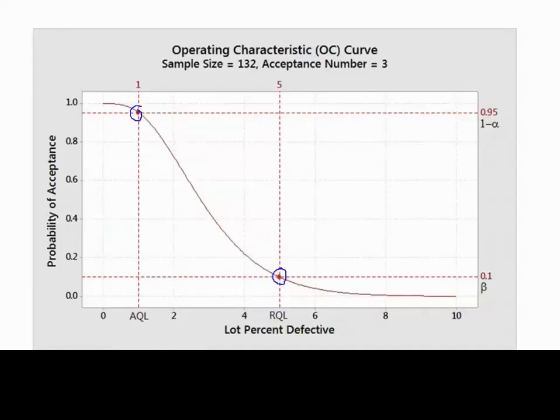And at 5%, which is the RQL, the probability of acceptance can be no more than 10%. So these are the constraints we imposed on those equations, and then we iterated these numbers to find a plan that would produce an OC curve that goes through this point and this point.